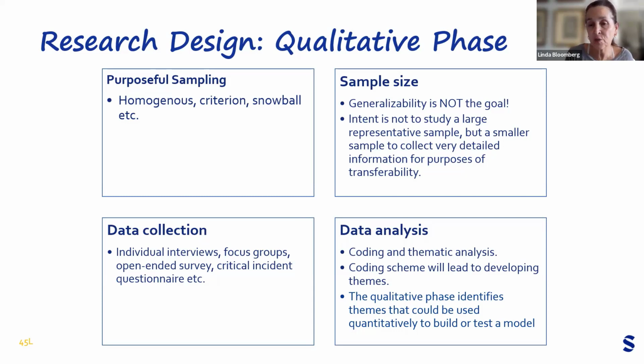Data collection has to be based on specific data collection tools that are used in qualitative research, such as interviews, focus groups, open-ended surveys, critical incidents, observation, etc. And then data analysis has to follow strict qualitative protocols, including coding and thematic analysis, coding schemes, etc. So this is what has to be taken care of on the qualitative side of the house.